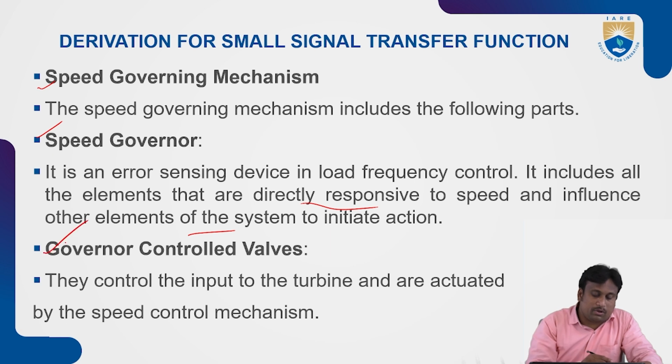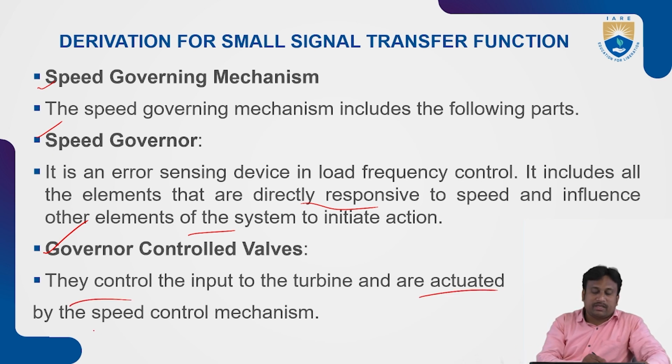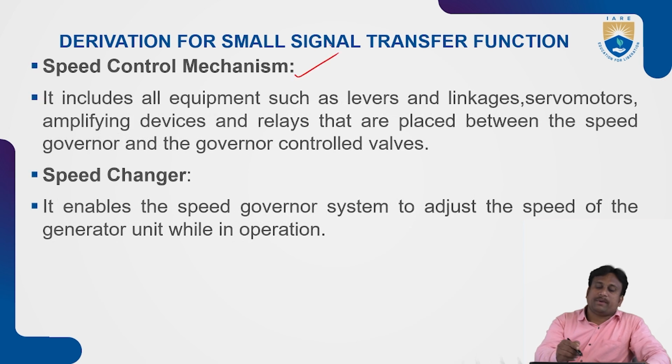One more block is the governor controlled valves. What are governor controlled valves? They control the input to the turbine and are actuated by the speed control mechanism. The speed control mechanism includes all the equipment like levers, linkages, servo motors, amplifying devices and relays.